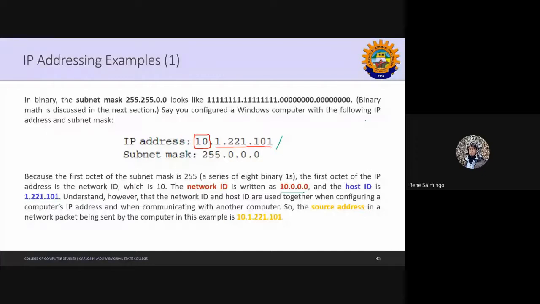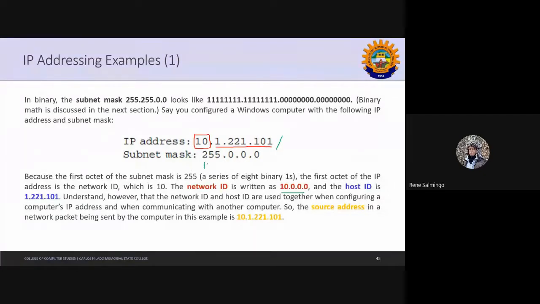So the CIDR is how many bits for this? For class A, how many bits do we consider? How many bits? In the subnet mask, it is 8.